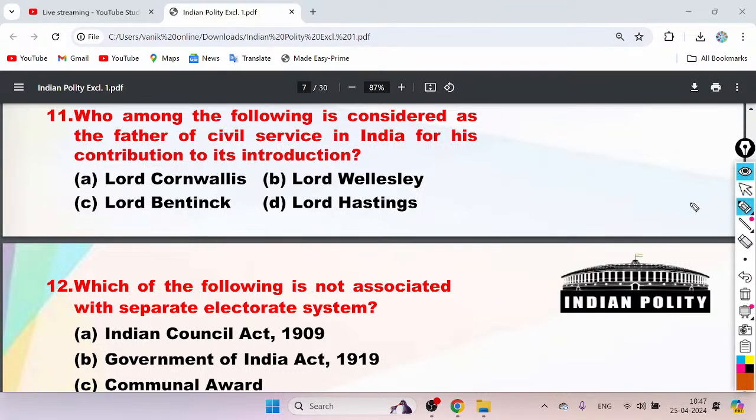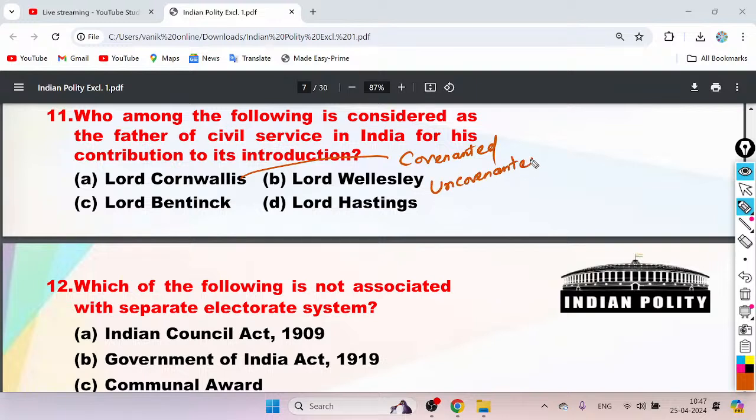He was appointed as the British general in 1786, and he introduced covenanted and uncovenanted services, covenanted and uncovenanted civil service.